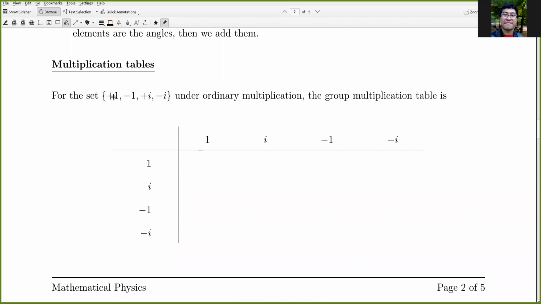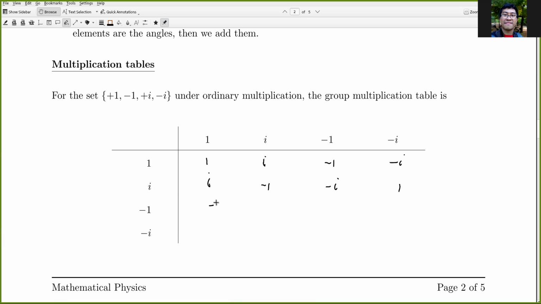For the set plus 1, minus 1, plus i, minus i under ordinary multiplication, the group multiplication table is this. I have rearranged it a little bit. In the multiplication table, we simply multiply. 1 times 1 is 1, 1 times i is i, 1 times minus 1 is minus 1, 1 times minus i is minus i. i times i is minus 1, i times minus 1 is minus i, minus i times minus i is 1, and so on.